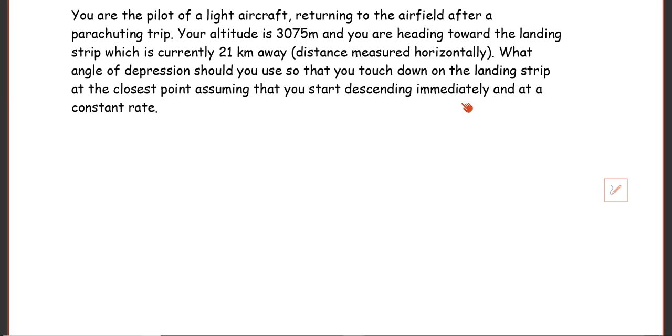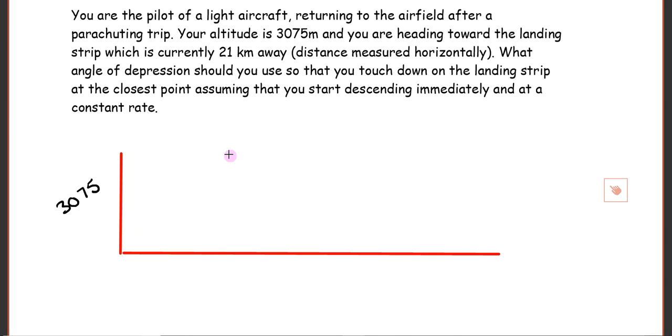Okay, so this one, luckily, guys, was relatively easy for you again. Do it this way round. We do have to be a little bit careful with this one, don't we? So this is 3,075. The flight is 21 kilometers.